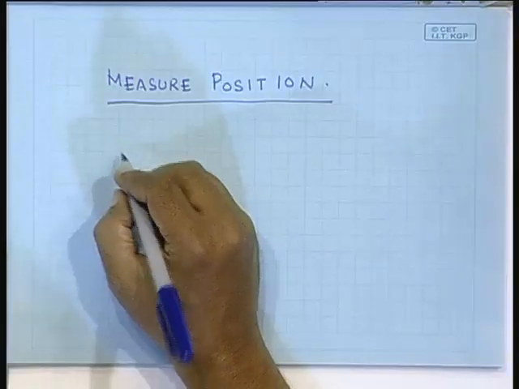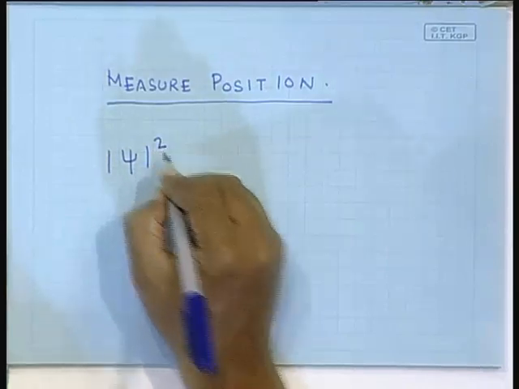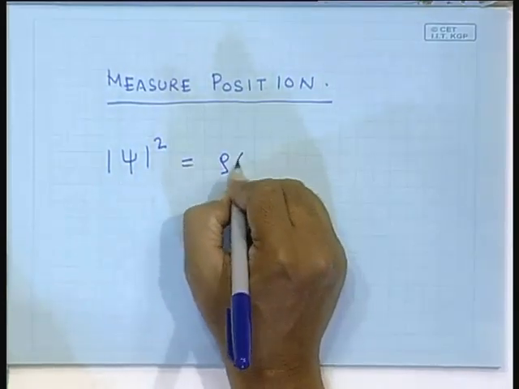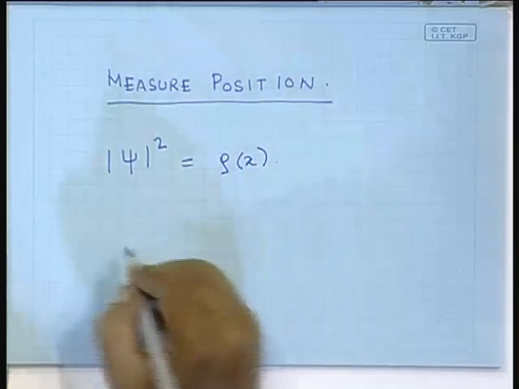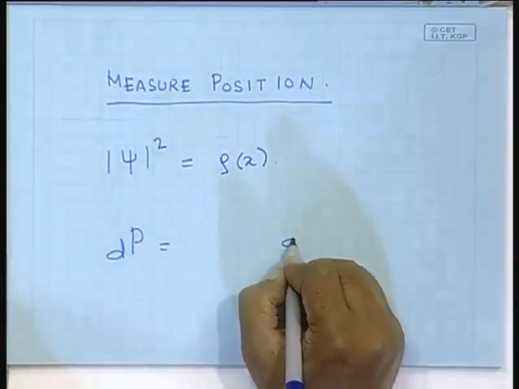What I can predict with the wave function is as follows. If I know a particular solution psi, the mod square of this gives the probability density rho of x and the probability of finding the particle in an interval dx.